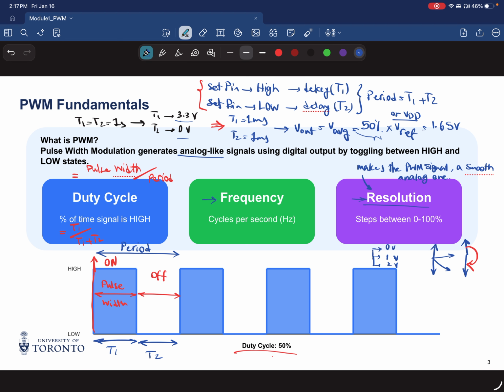You see, this is the difference. Low resolution might give you different stages of voltage, but it doesn't give you that smooth rotation.